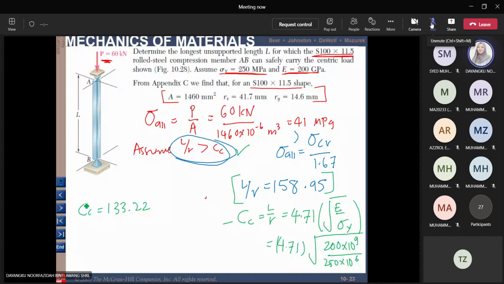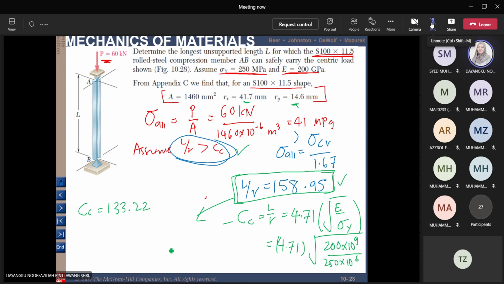So we can continue with this one, and we will get the value of our L over R equal to this part. Based on this value, we have two radii, so choose the smallest one because we want to find the longest value.